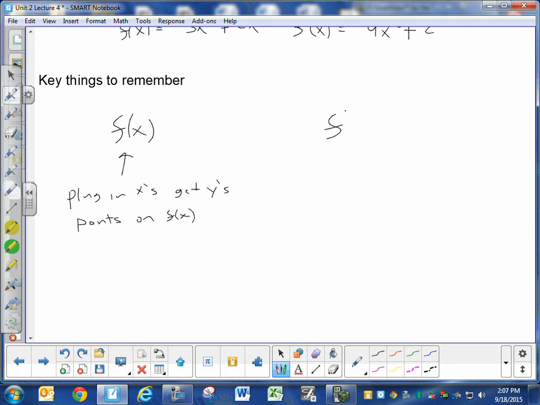Well, this f prime, this friend of f, who tells us the slopes of f, you plug in x's, sure you get y's of f prime, but you also get slopes of f. You get tangent slope values of f.